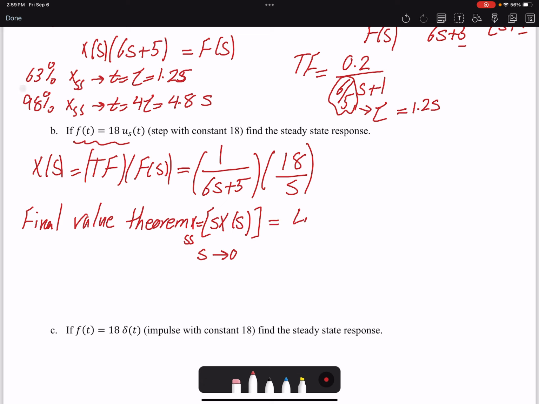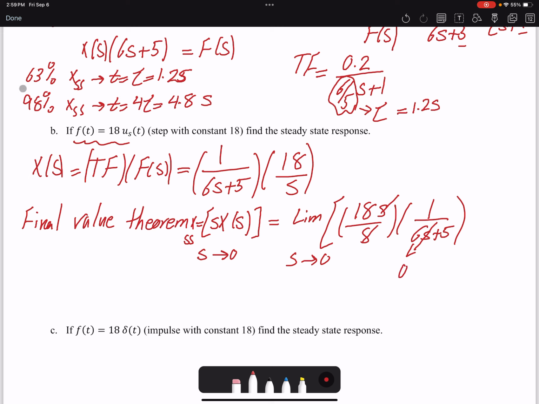So in this case, I have limit of 18 over s, times s because of the final value theorem, times 1 over 6s plus 5. We can think of it that this would go away. This would go to 0. I will have 18 over 5, or 3.6. That would be the steady state response of the system.